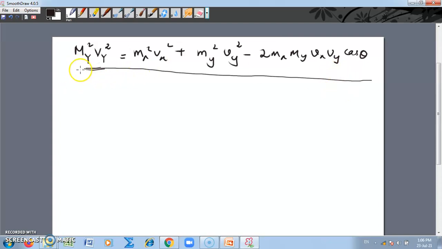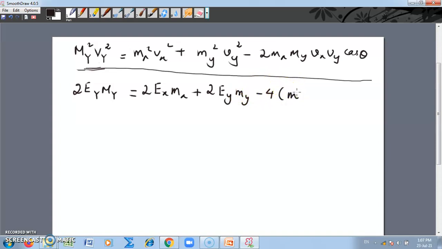Now using the substitution of mv in terms of energy, this can be written as twice mY EY, which is equal to twice Ex mx plus twice my Ey, minus 4 mx my Ex Ey under root, and this is cos theta.